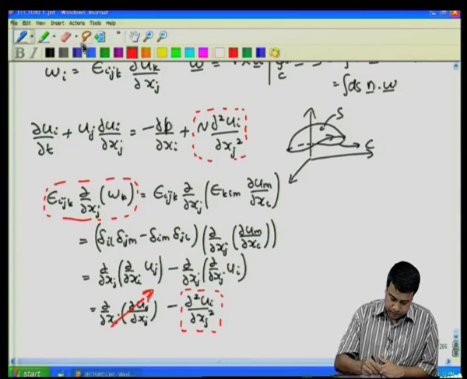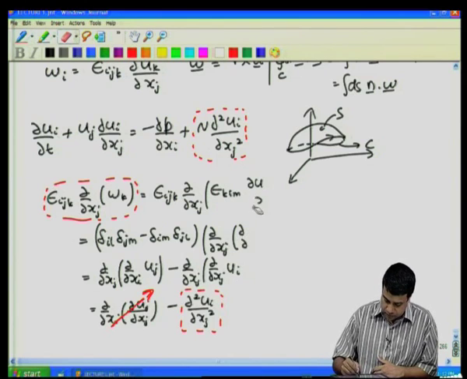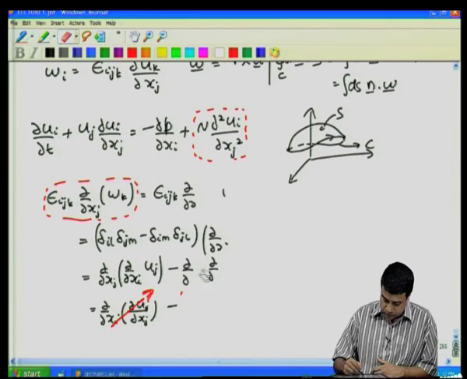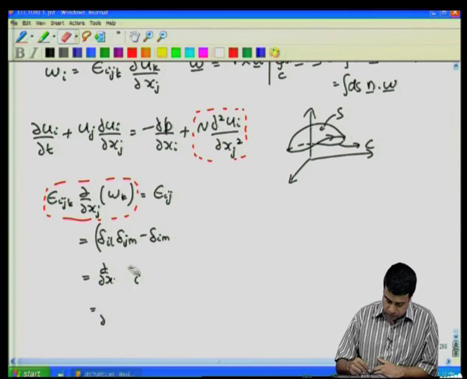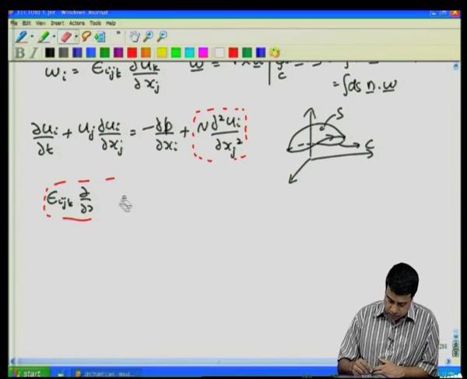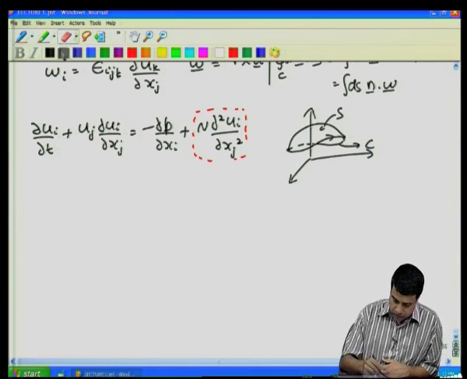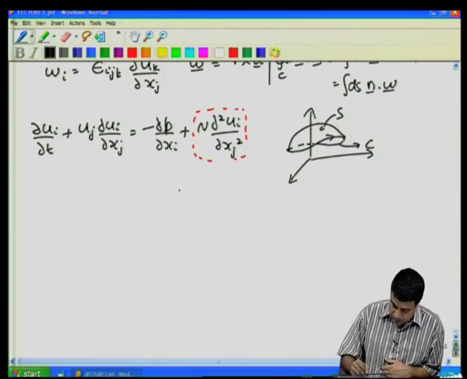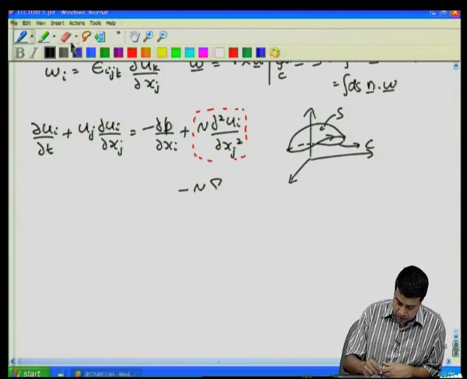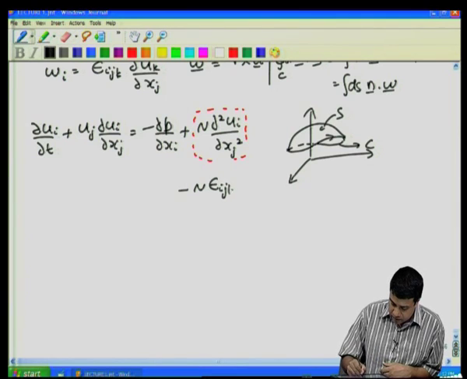So, this can also be written as minus nu times del cross omega, or epsilon ijk partial by partial x_j of omega_k.